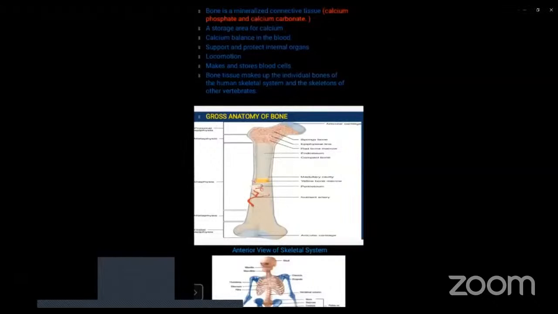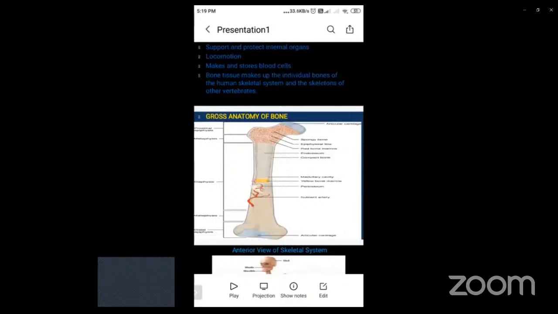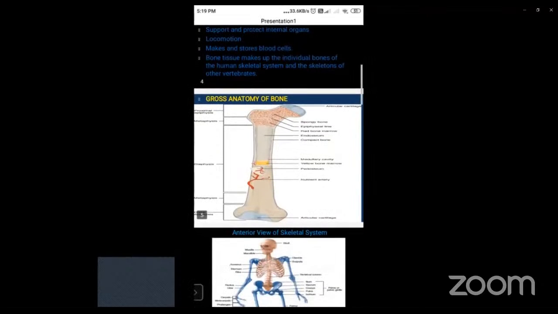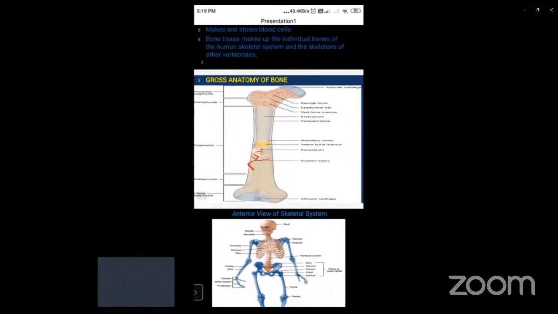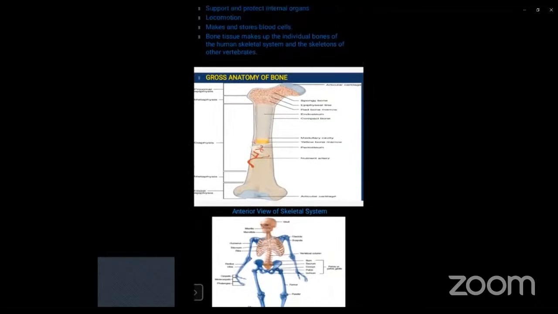Yes, sir. Okay. Now we were learning about gross anatomy of bone. I was telling about the distal epiphysis at the bottom. You can see it appears in gray color. That is called articular cartilage.